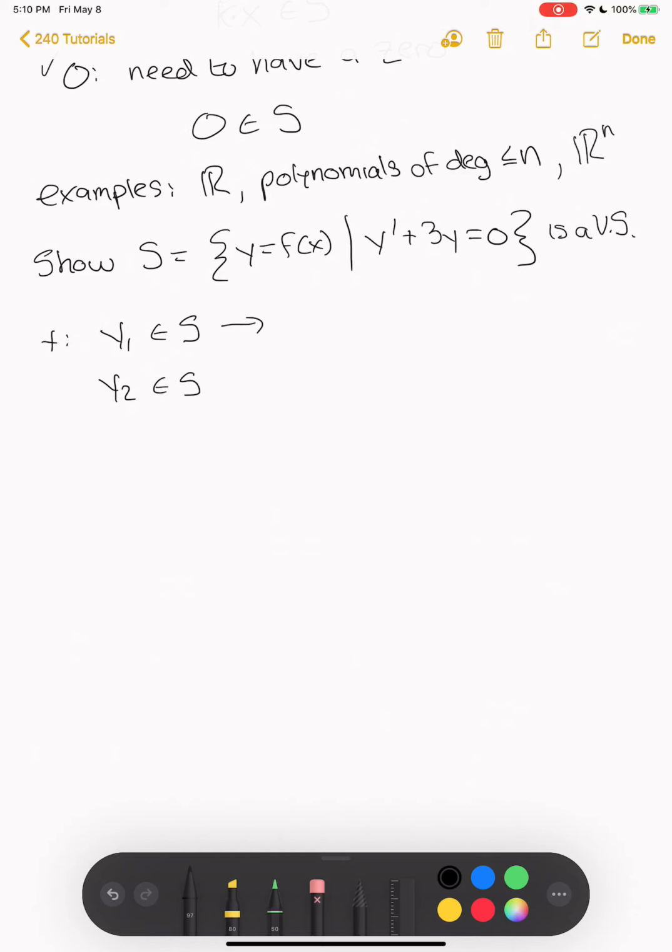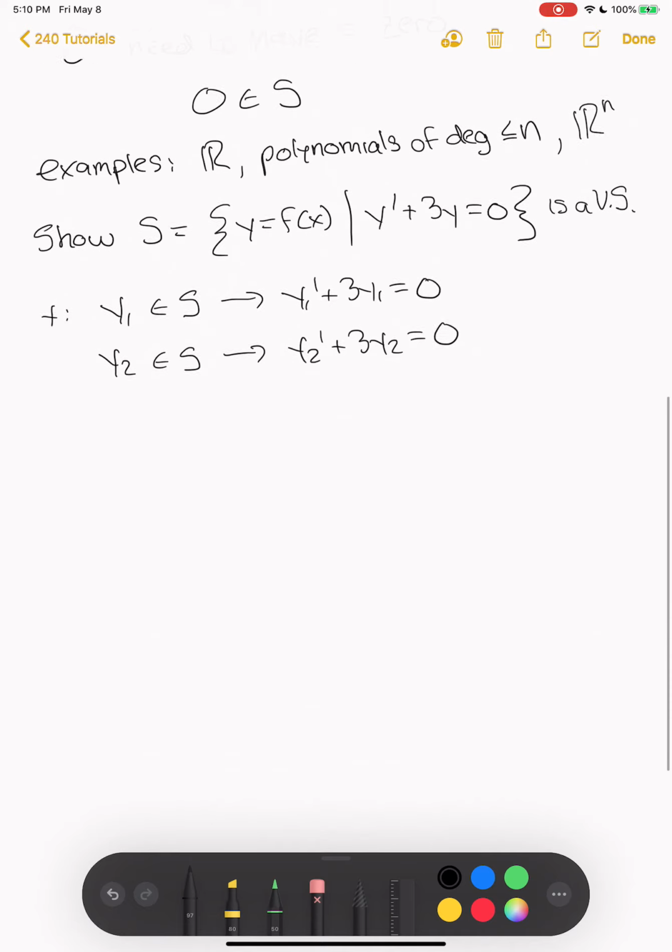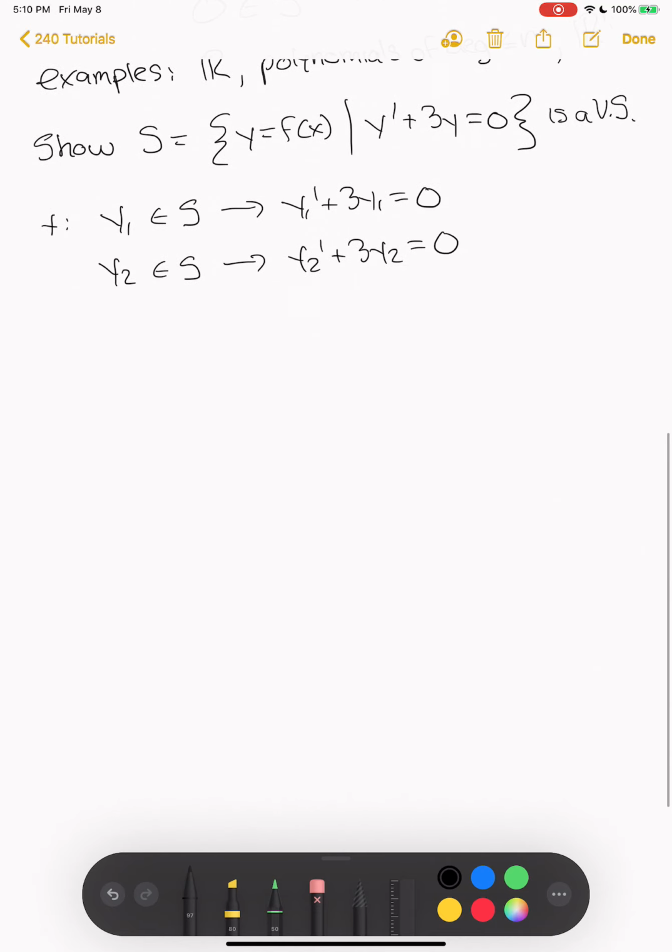And if they're in my set, that means that y1 prime plus 3y1 has to give me 0. And y2 prime plus 3y2 also has to give me 0. So that's fine. I've just defined two things to be in my set here. And then if it's closed under addition, that means y1 plus y2 should be in my set.